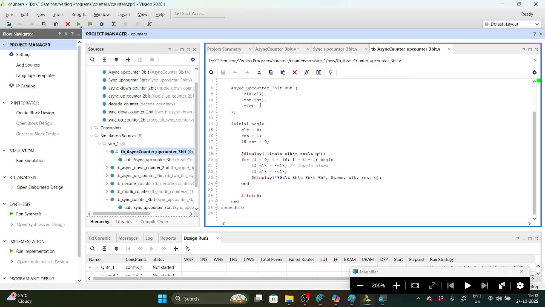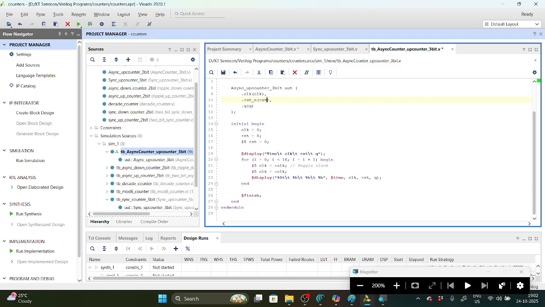Whatever the reg variables are, I need to initialize, and I need to keep reset equal to 0. These are nothing but reset underscore n.